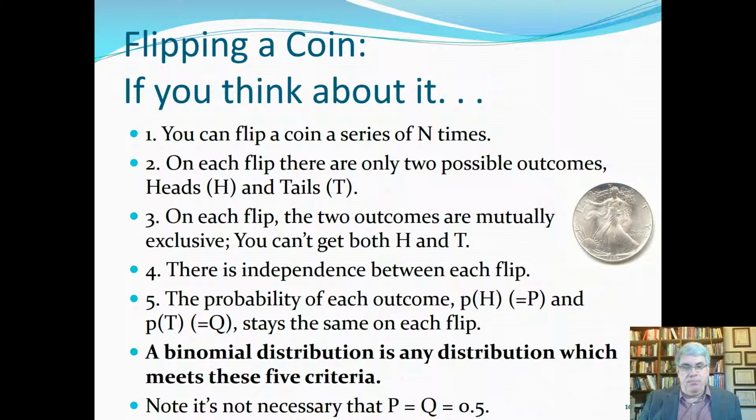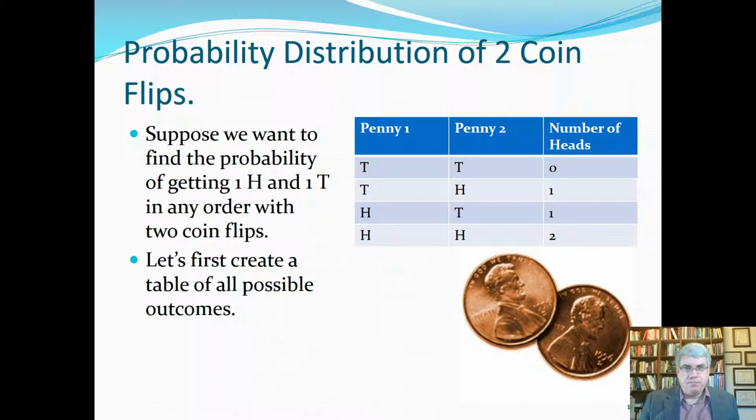So a binomial distribution is any distribution which meets these five criteria, like a multiple choice test, whether some product is sold or not when somebody comes in. A bunch of things will fit this criteria. Note that it's not necessary that P and Q equal 50-50, but with flipping coins, it happens to be that way.